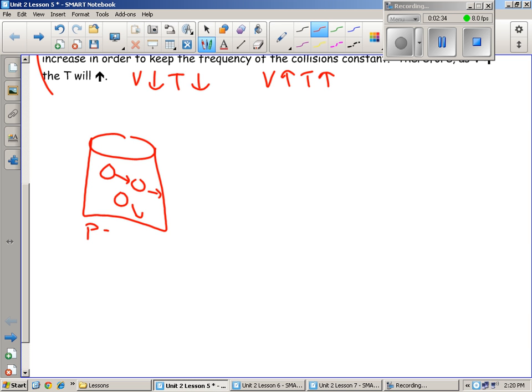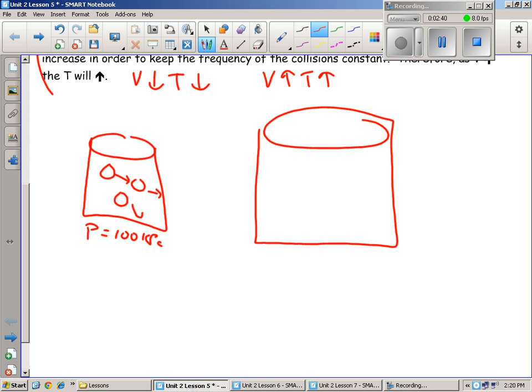So let's say the pressure here is 100 kilopascals, and let's say in this cylinder here, the pressure also I want to be 100 kilopascals. Obviously, in this case, the volume's quite low, right? In this case, the volume's higher, okay? How am I going to keep the pressure the same between those 2 containers? Let's say we just expand that one container.